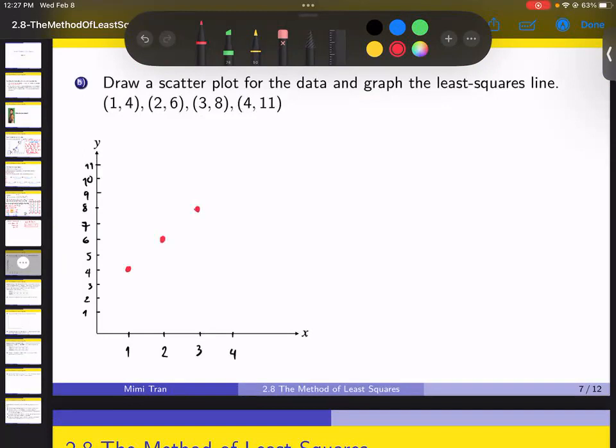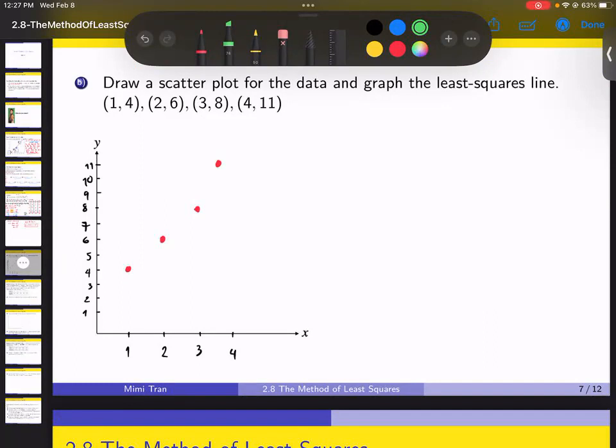And then 4, 11. They're not supposed to be straight, guys. It would be very perfect if it were straight. In real life, there's nothing perfect, right? And then that's my real data.